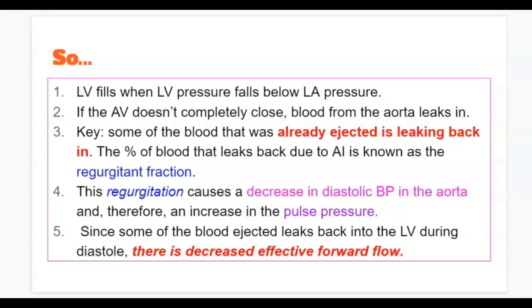So the pulse pressure is essentially the difference between the systolic and diastolic blood pressure. And it represents the force that the heart generates each time it contracts. So an example of that would be if the blood pressure is 120/80, then the pulse pressure is 40.